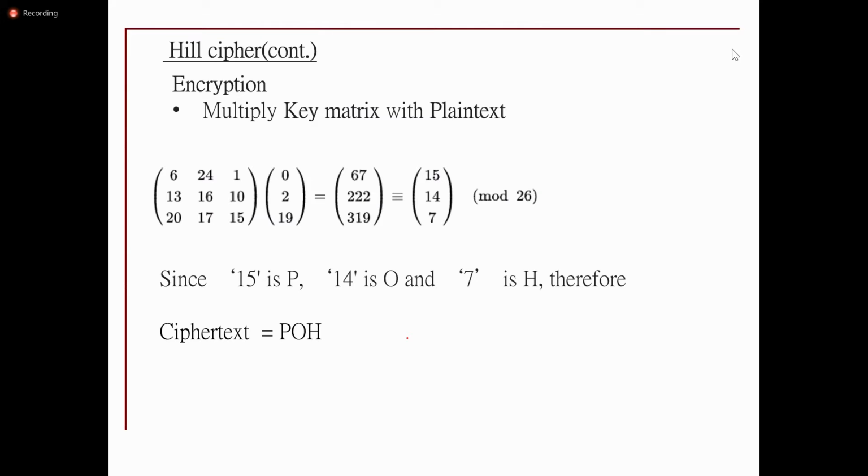Once we get the key matrix and the plain text matrix, we need to multiply the key matrix with the plain text matrix. By multiplying the key matrix with the plain text matrix, we'll get this result.